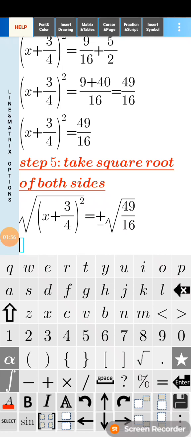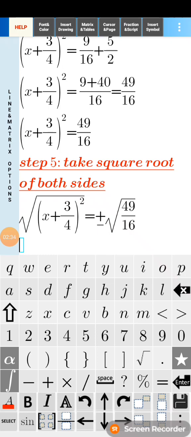The reason is because in this other case, the numbers there can be simplified. That is, we can look for the root of 49 and 16. But the reason why I did not place plus or minus for the first equation is because the question there cannot be simplified. Instead, the square root will be cancelled by the square, that is its opposite. So that is what we are going to do now.